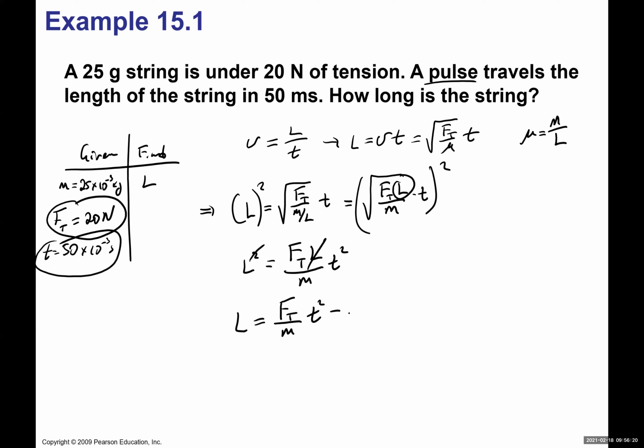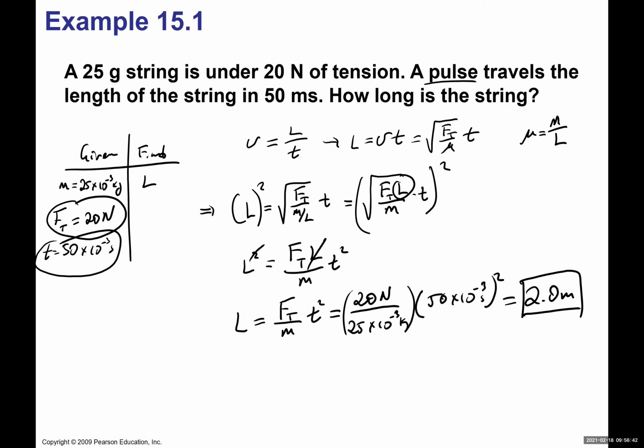Now I can plug in and find the length, which is 20 newtons divided by 25 times 10 to the negative 3 kilograms, times the time squared, which is 50 times 10 to the negative 3 seconds squared. What we get here is a 2-meter length for the string. Again, the key was to use this equation: speed equals the square root of tension over linear mass density.